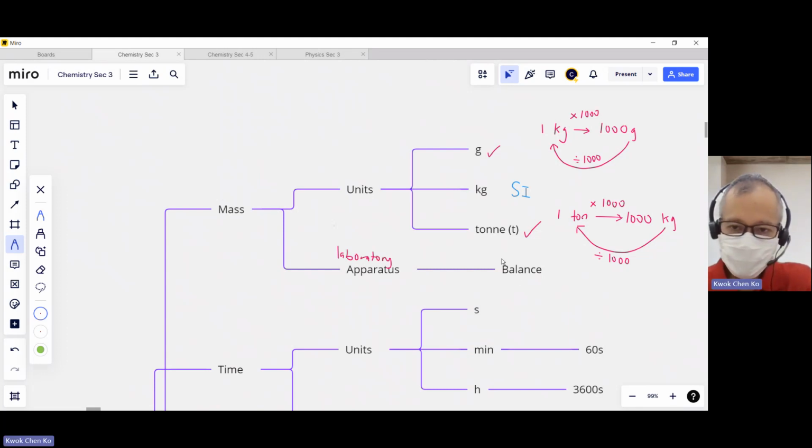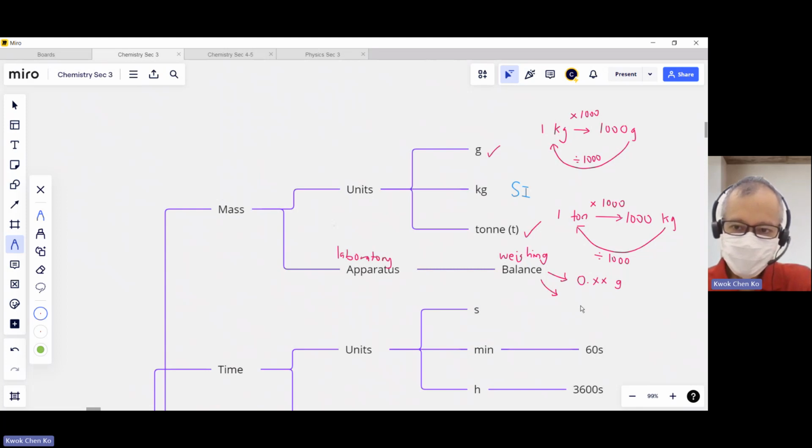So of course, in the chemical lab, you have your weighing balance. Now, if you are very observant, you notice that it typically goes down to 2 decimal places for the top-pan balance.